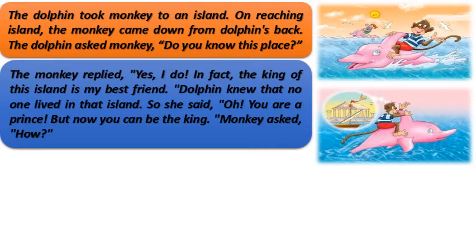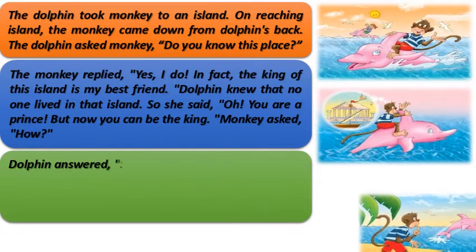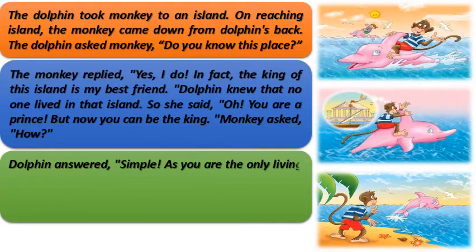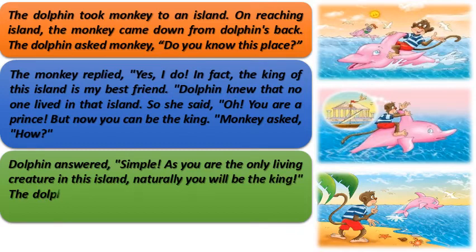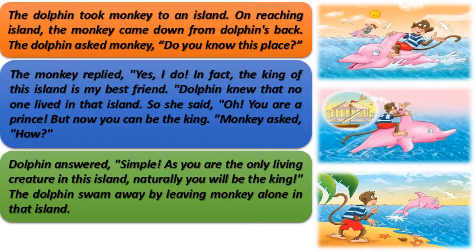The monkey asked, "How?" The dolphin answered, "Simple. As you are the only living creature on this island, naturally you will be the king." The dolphin swam away, leaving the monkey alone on that island.